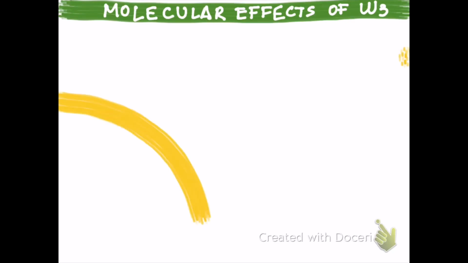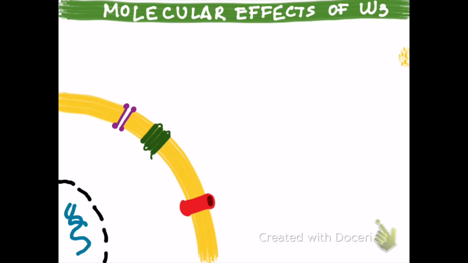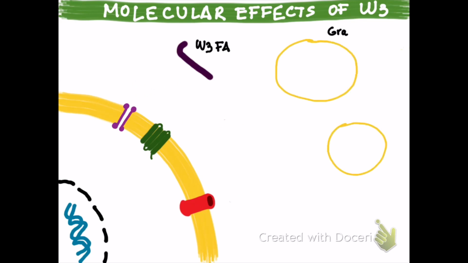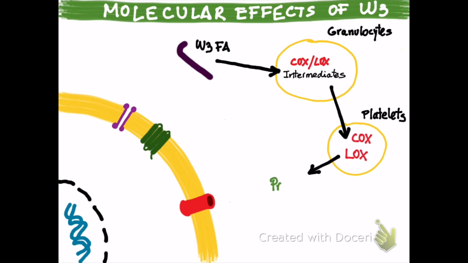Most of the biological effects of omega-3 fatty acids are known. Outside the cell, they are substrate for enzymes that increase the production of molecules with anti-inflammatory capacity in granulocytes and platelets. These molecules reduce the inflammation.